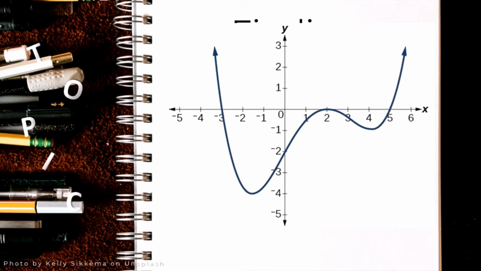And these points of intersection are called the roots, zeros, and solutions of the polynomial function. Again, the terms roots, zeros, and solutions of a polynomial function are virtually the points of intersection of the graph of the polynomial to the x-axis.